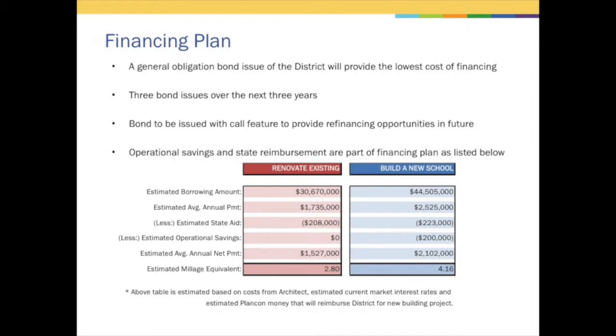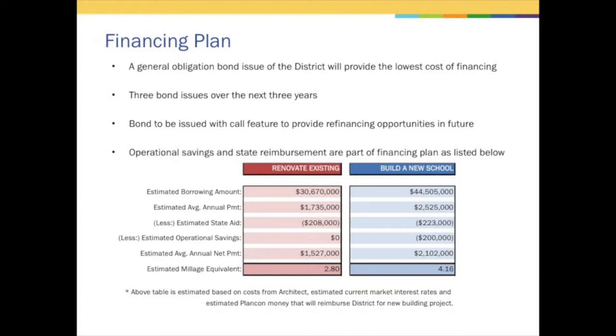So the net payment you see below there is about $1.5 million. We have no operational savings associated with the renovation, which we do for the new building. So your estimated net payment is about $1.5 million. What that translates to is an estimated millage equivalent of about 2.8 mils in order to take this building and renovate it. Okay.